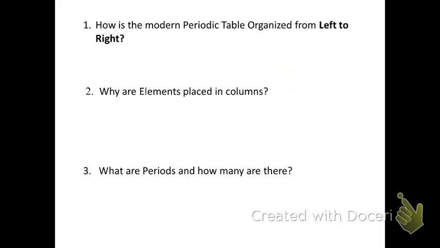Alright, so let's start with learning how our modern periodic table is organized, just the basics. So the first question is, how is the modern periodic table organized from left to right? Well, that is simply by what is known as the atomic number.